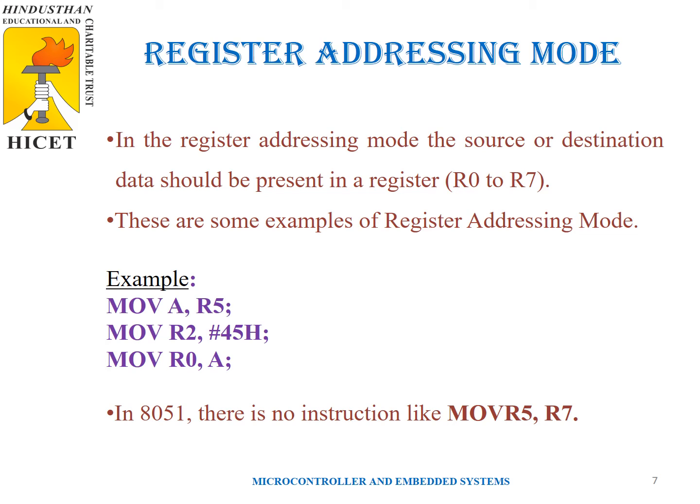Second example, MOV R2, #45. Here, the content 45 is copied to register R2. Third, MOV R0, A. Here, the content in the accumulator is copied to register R0.